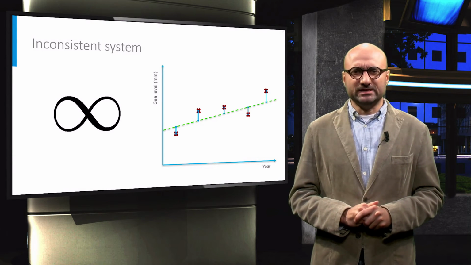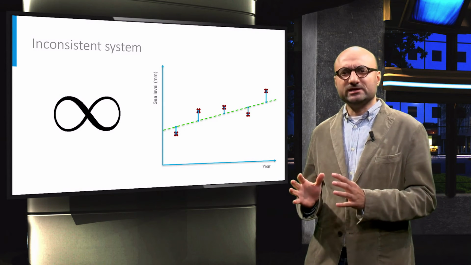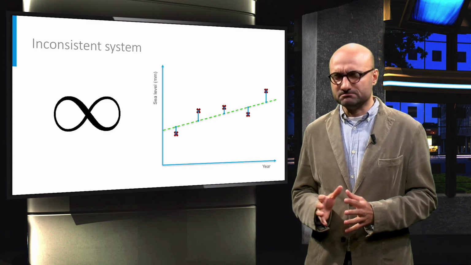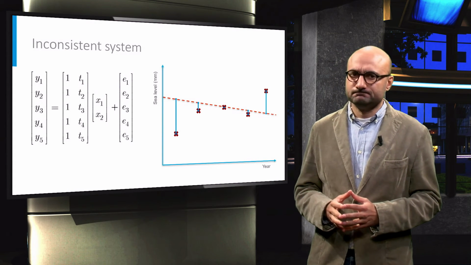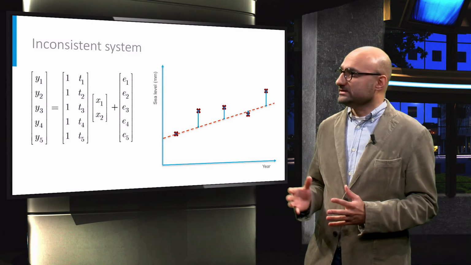Why? In fact, any line in this plane with a set of its associated errors is actually a plausible solution for this new system. This one, and even this one.